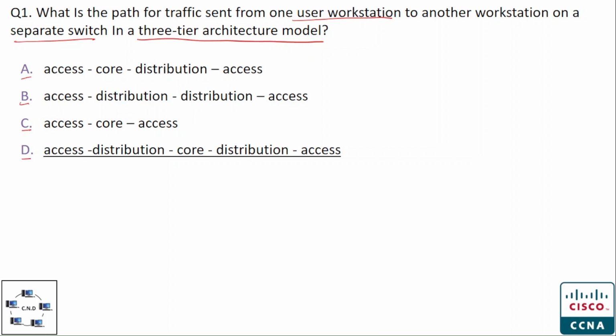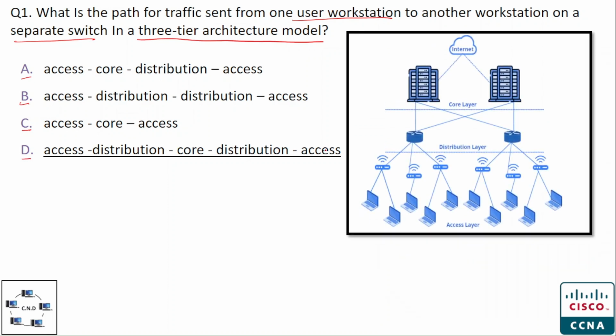So let me explain with the help of this diagram how this is the correct answer. Let's suppose we have a workstation A and another workstation, this one B. These are basically the access switches, these are the distribution, and these are the core switches.